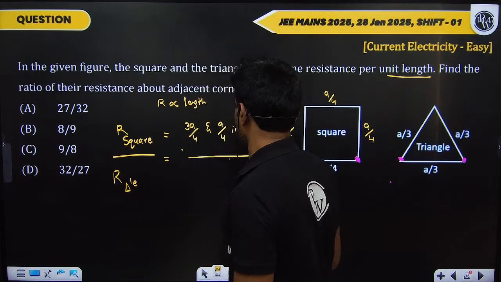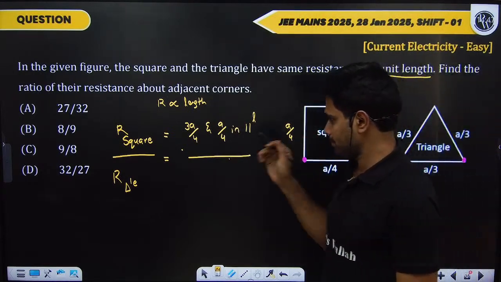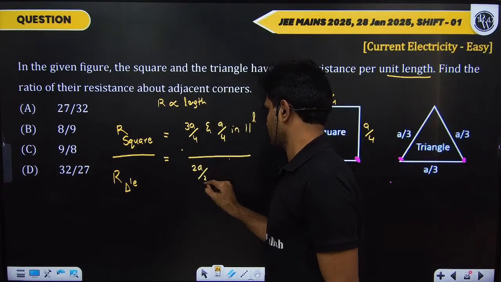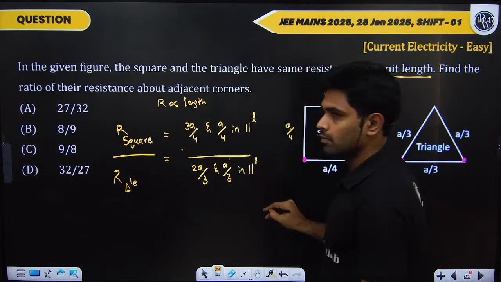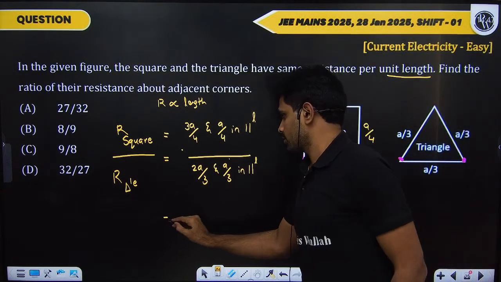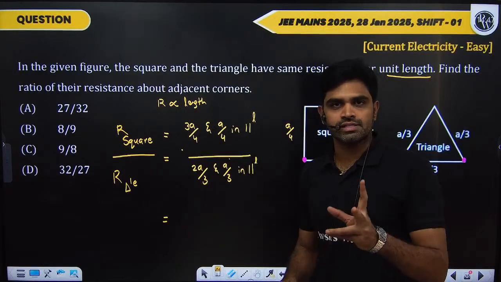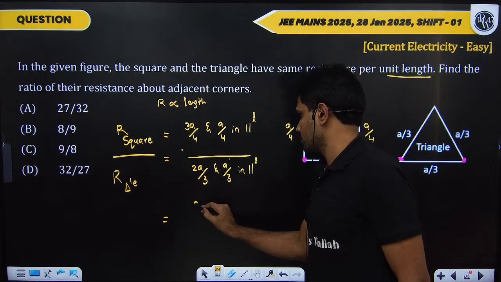Whereas triangle, a by 3 and a by 3 are in parallel. Very simple. If two resistances are in parallel, what is the formula? R1 R2 by R1 plus R2.